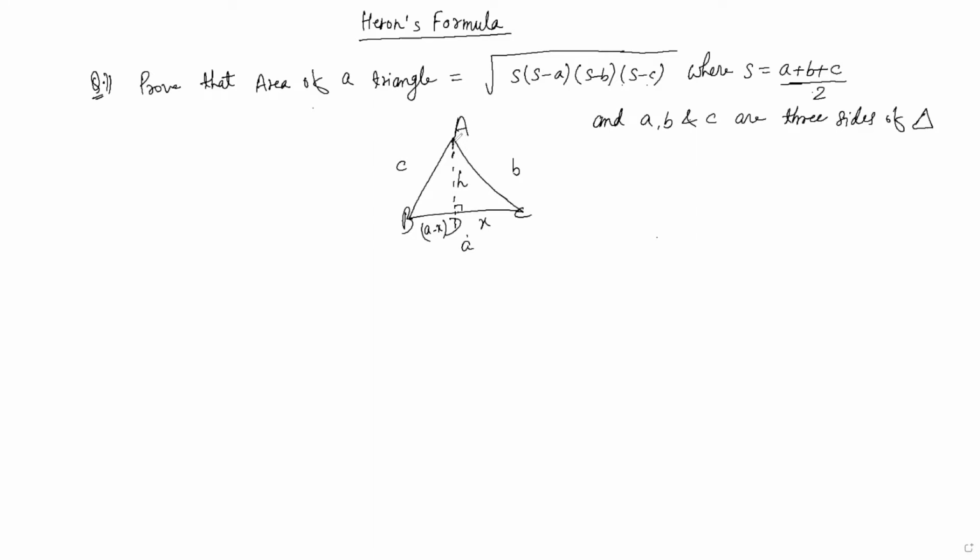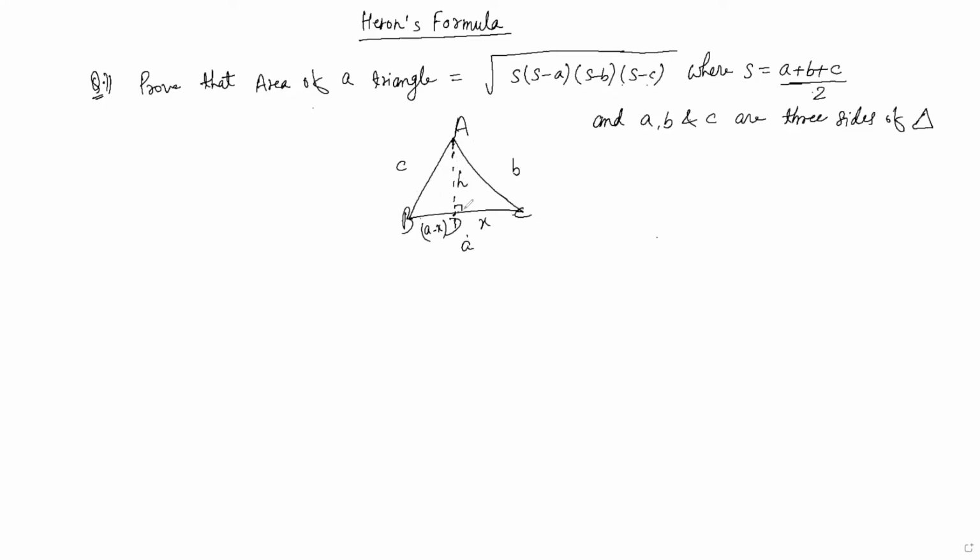Now let's draw a perpendicular from vertex A to side BC. This will intersect at point D, and this AD will become the height of this triangle for the base BC.